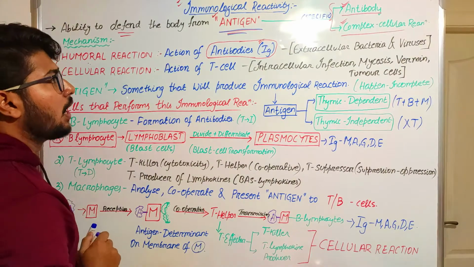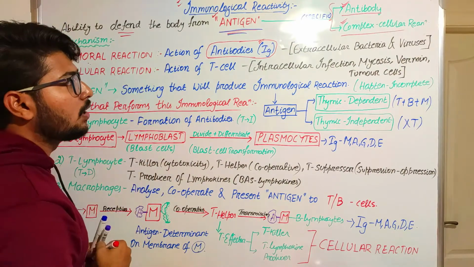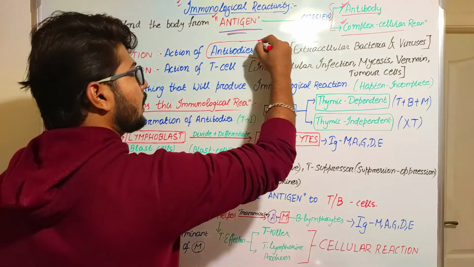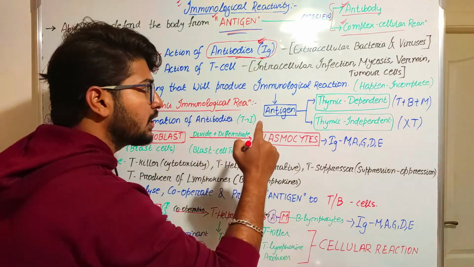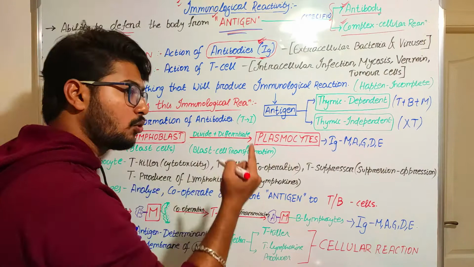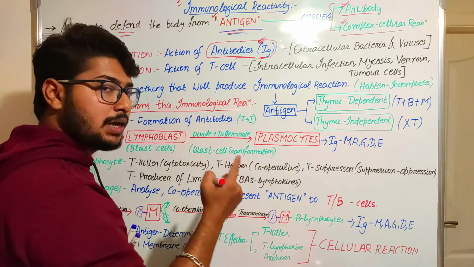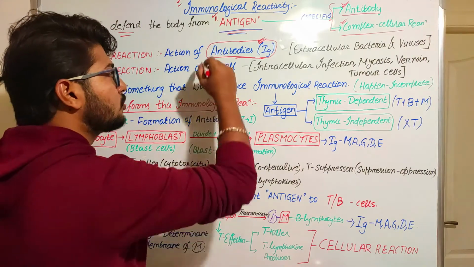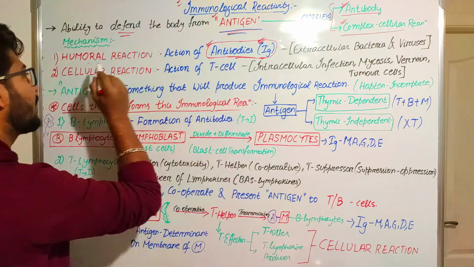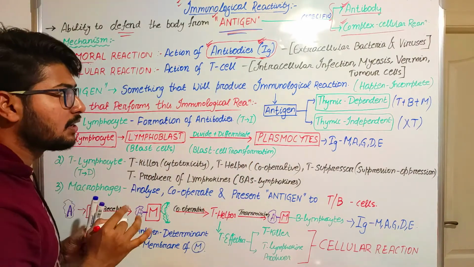humoral reaction, and it will be produced in the blood, because antibodies are nothing but immunoglobulins, and immunoglobulins are the proteins formed by the globulin blood proteins. So that is the reason why it is known as humoral reaction.